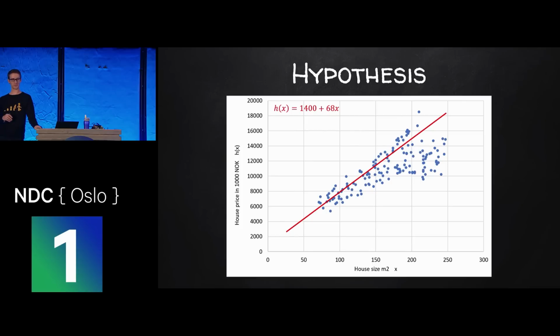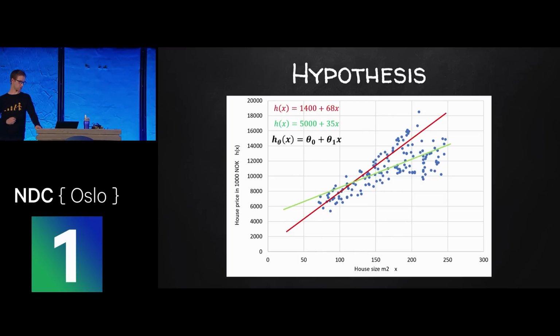So we come up with a linear function. And is this a function that maps our sample data in a good way? Well, maybe yes. It looks like we have a bit more data below the function, but it's okay. But what about this one? Is it better? Maybe. We need to somehow tell which of these ones is best.